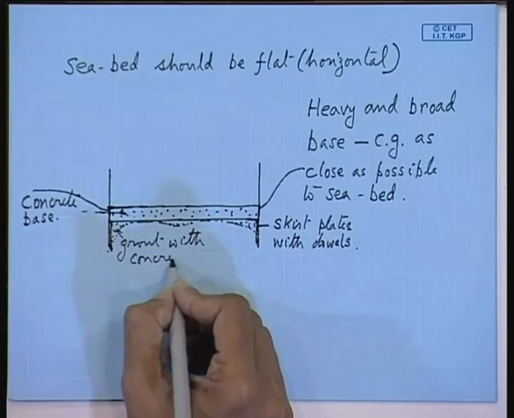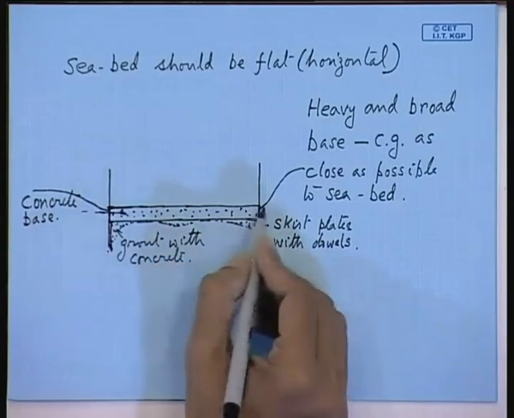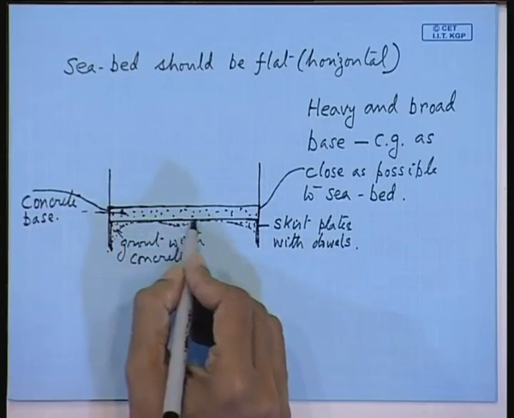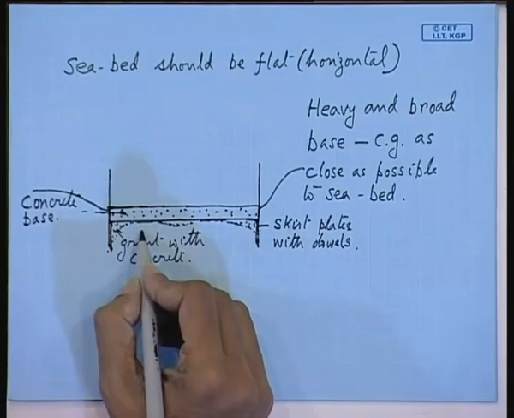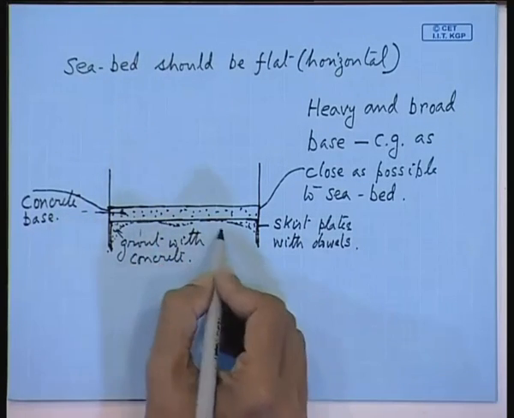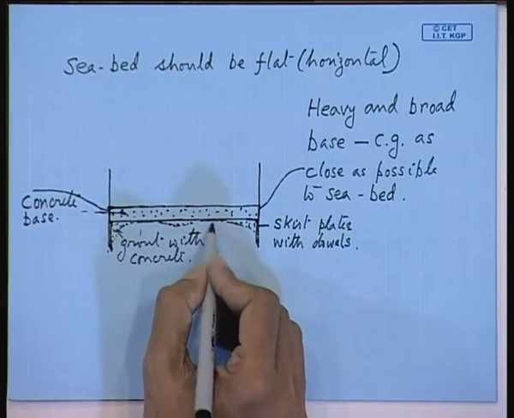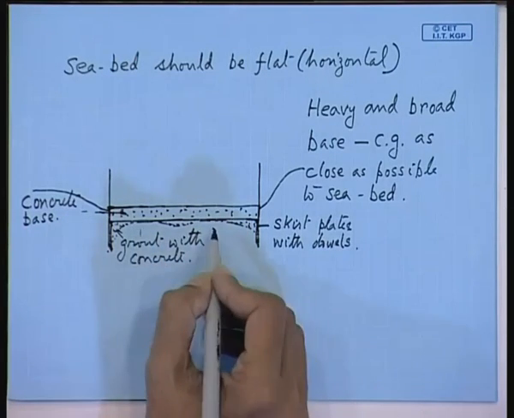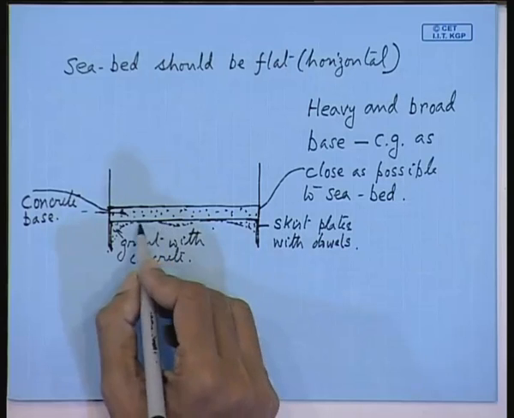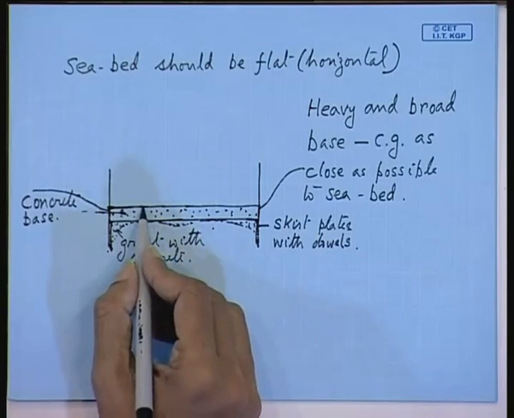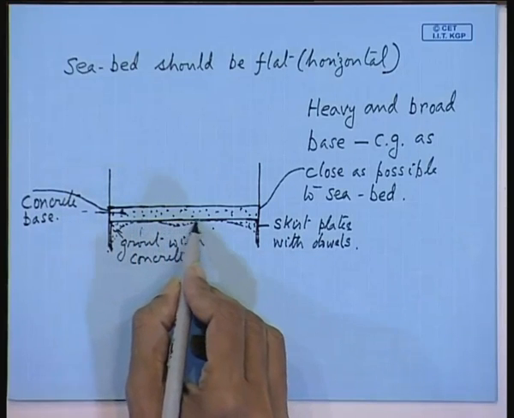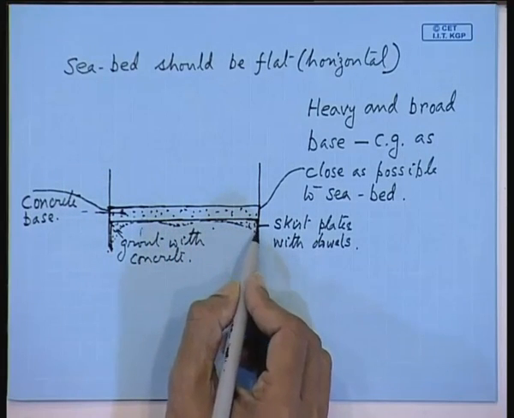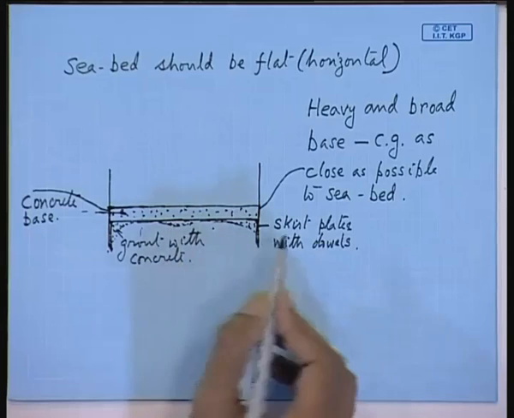The reason is you have to distribute this load evenly on the base, otherwise you get point loads coming from the undulations in the soil, and they are likely to rupture your base. So you grout the whole base with concrete, especially filling your voids.